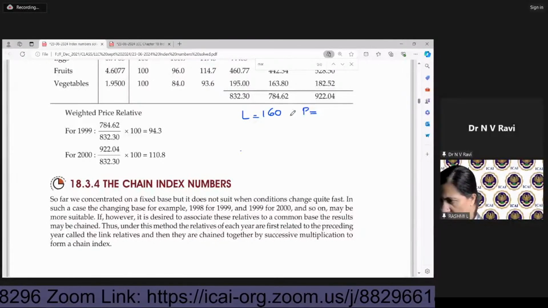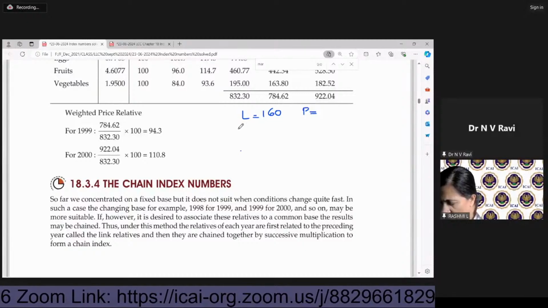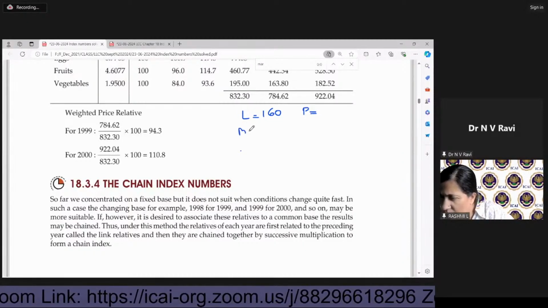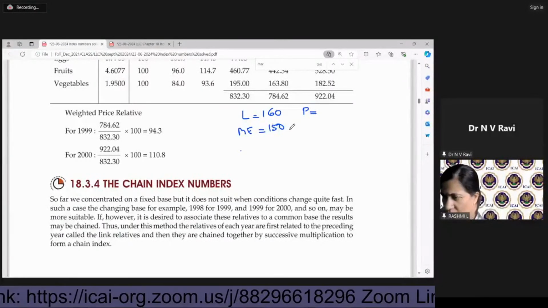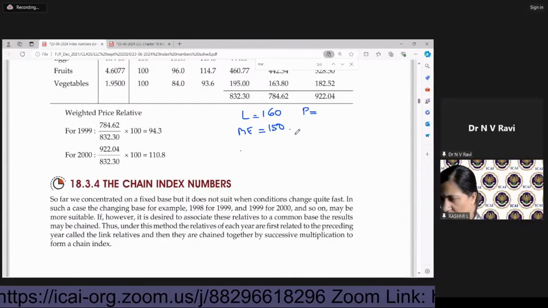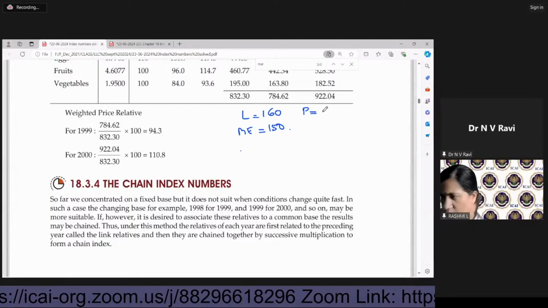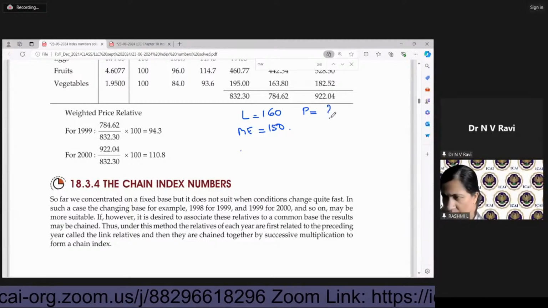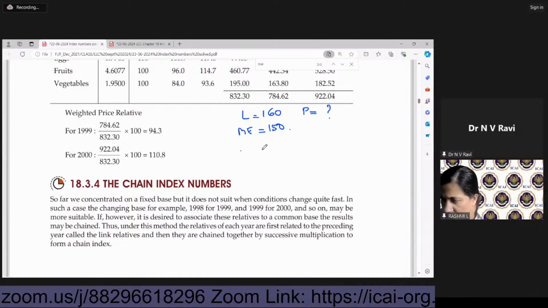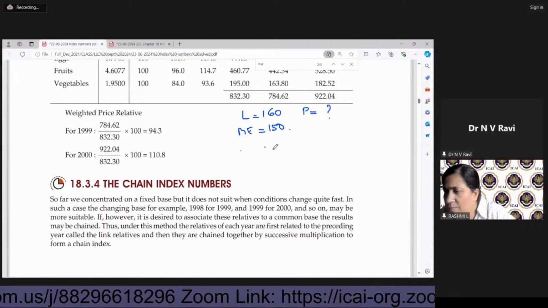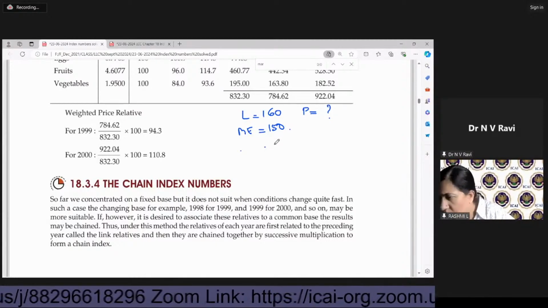I'm saying that Marshall-Edgeworth is 150, L is 160, and you have to find Paasche. Please respond to this answer. L plus P equal to 300 or not?